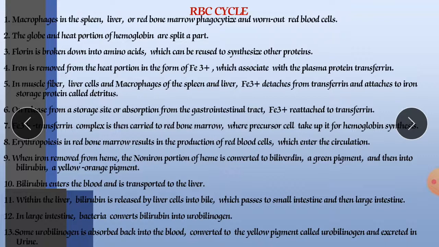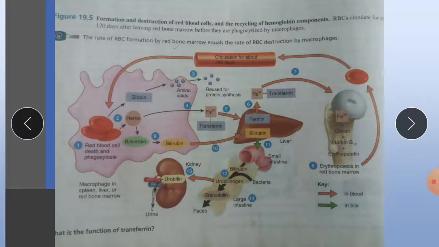Again, if you see, the urobilinogen is absorbed back into the blood, converted into the yellow pigment called urobilin, and excreted into the urine. So excreted into the urine means the urobilinogen gets converted into urobilin and is excreted in your urine.